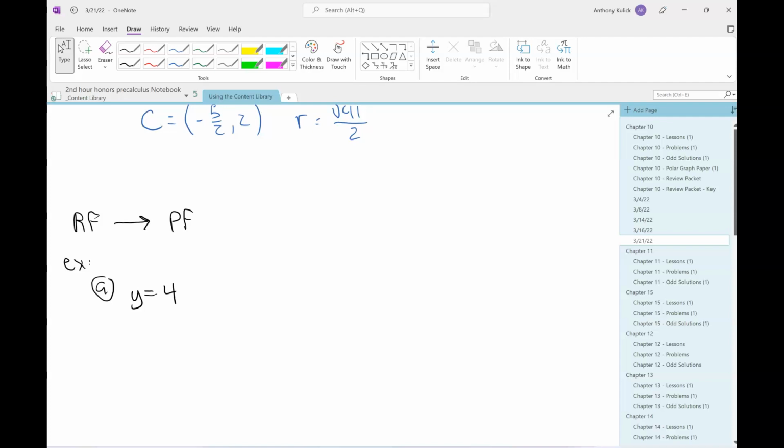So let's start with something simple, like y equals 4. Remind me again, what is y? r sine theta. Yep. And then polar functions start with r equals. That's the independent variable. So divide both sides by sine theta.